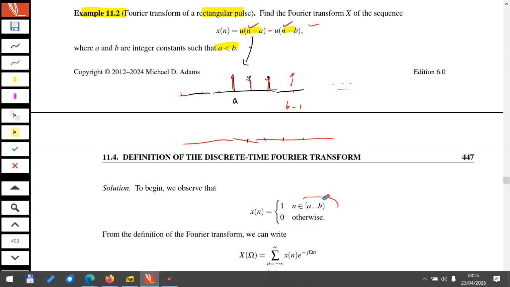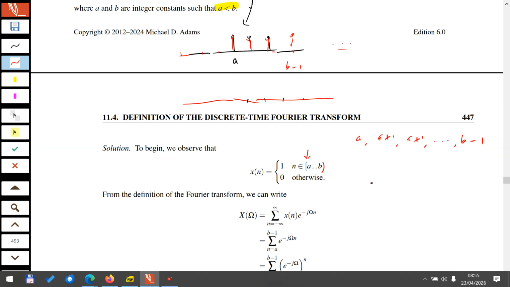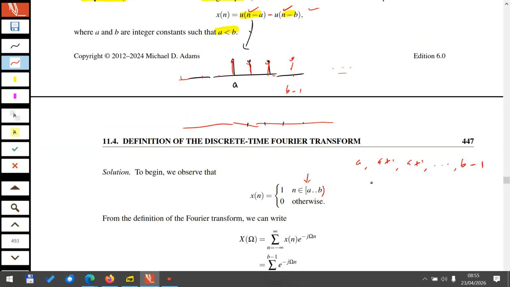And this interval starts at A, remember? And it ends before B. That's why you have this round bracket, right? So the values are actually A, A plus 1, A plus 2, all the way to B minus 1, and 0 otherwise.